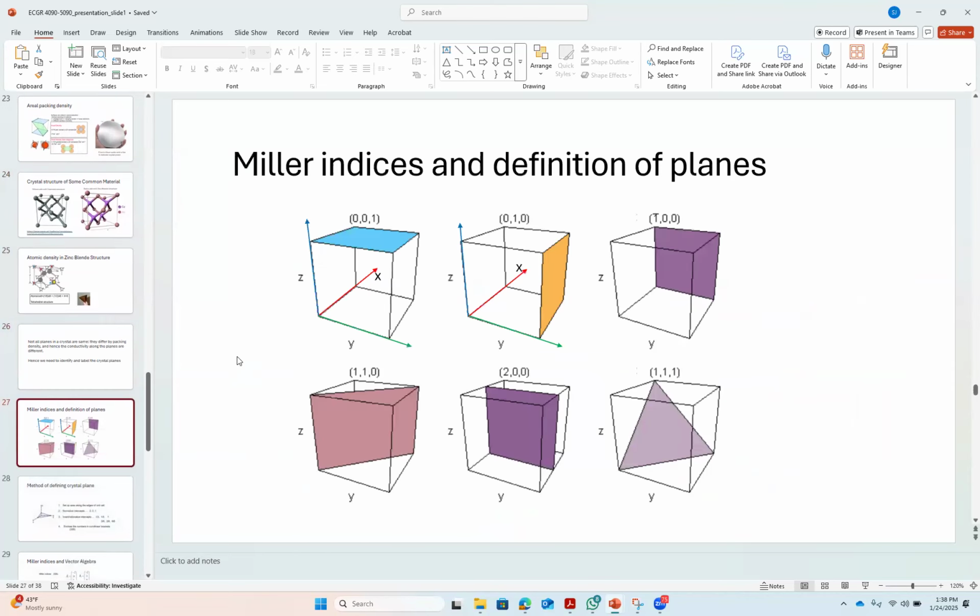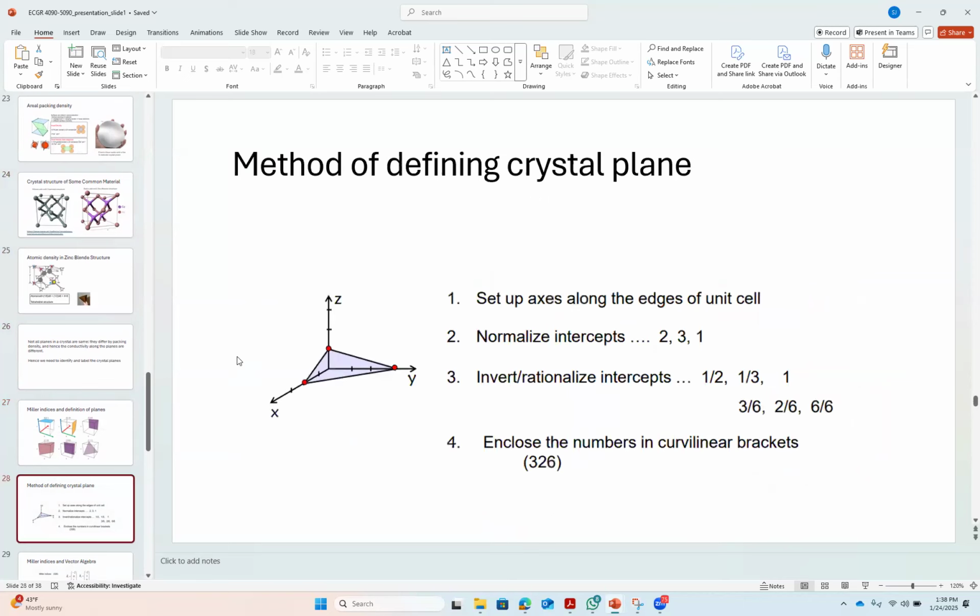For instance, we talked about how to define different planes on a cube and how to name them. There is a specific way of giving the labels. So most likely in the homeworks, I will give you some problems where you have to solve the atomic densities on a cube or atomic densities on planes, or defining and naming the planes, et cetera.